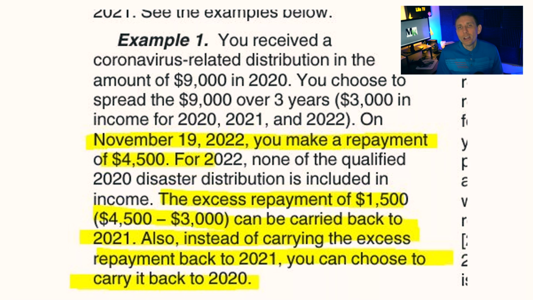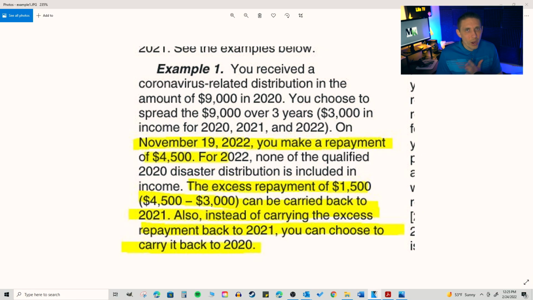So what happens? Well, since your tax return is already filed and it's beyond the extension deadline date of October 15th, if you make a repayment in November of this year you would have to decide if you want to amend your 2020 return or amend your 2021 return. If you wait to pay things back after the final due dates of your return and extensions, then likely you're going to have to amend, or you can carry forward, which we're going to talk about in the next example.